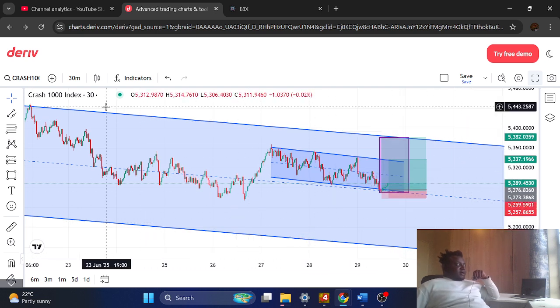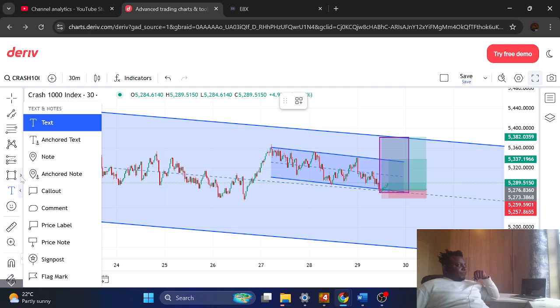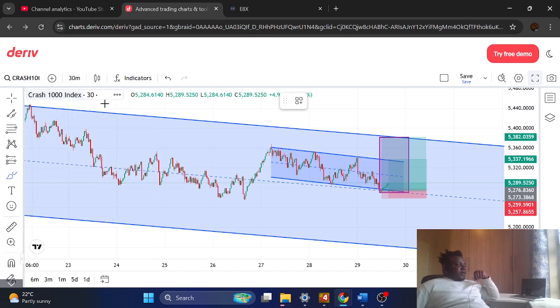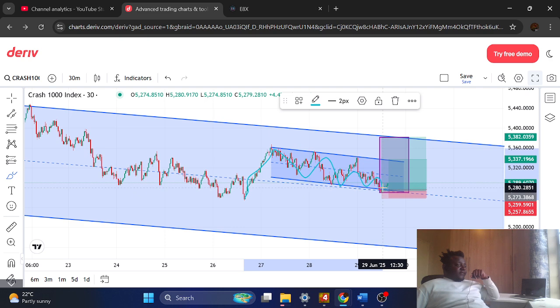When you see a flag, if the pole of the flag is strong and accumulative, like in this case, if it's moving fast, that really confirms a flag pattern. If this moves fast, then dances around creating our flag, and then moves fast again up, it will also move fast again up.